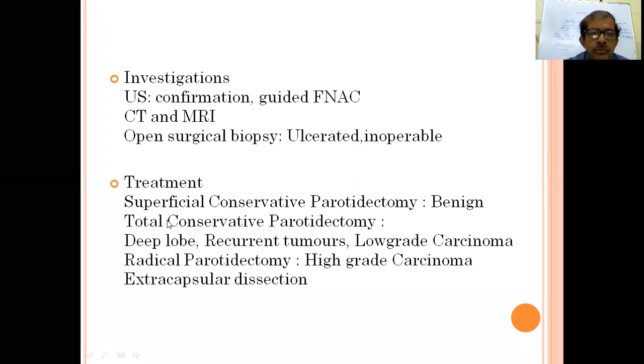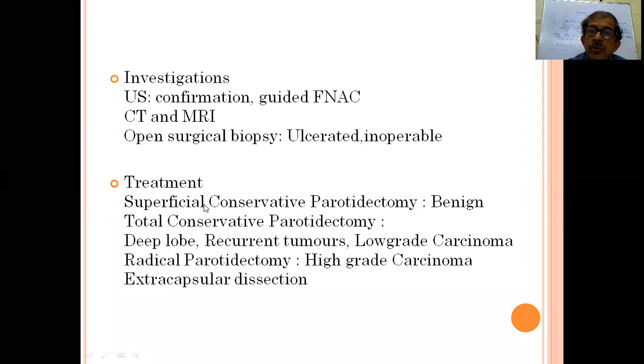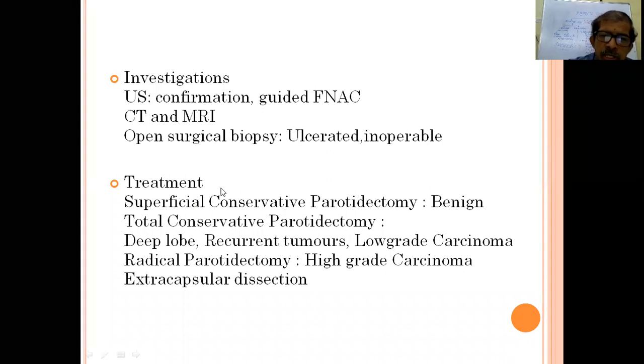So for the benign tumors, you have to do what is called a superficial conservative parotidectomy. What does this mean? Superficial means you remove the superficial lobe only. Conservative means you conserve the facial nerve.